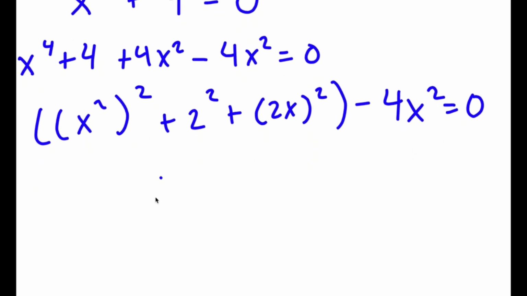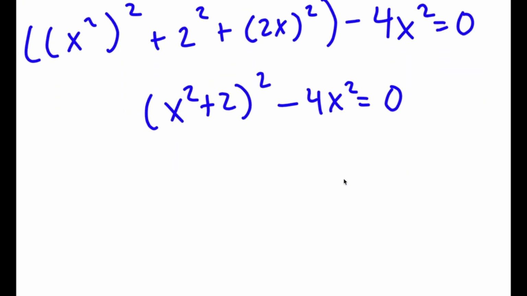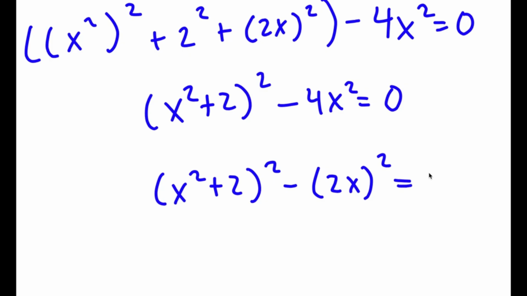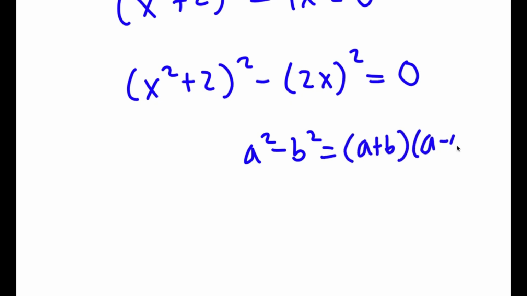Now, if I factor this, I get x squared plus 2 squared minus 4x squared is equal to 0. And 4x squared, that's the same thing as 2x squared. Now, if I have something in the form a squared minus b squared, this is equal to a plus b times a minus b.